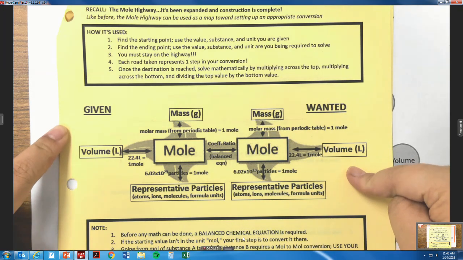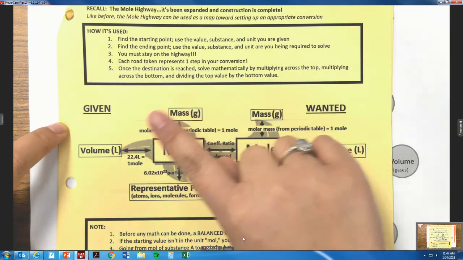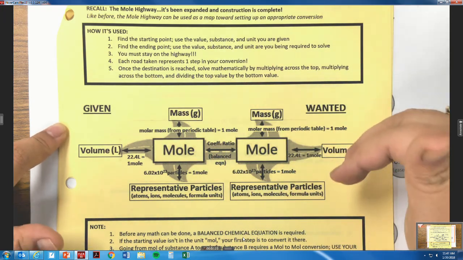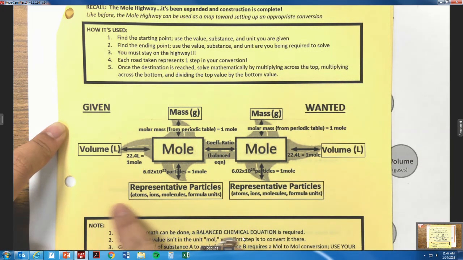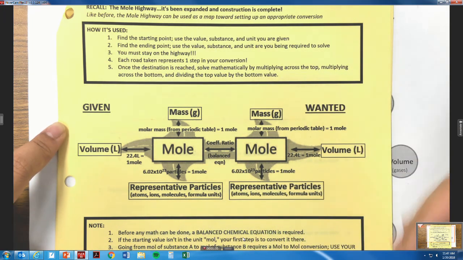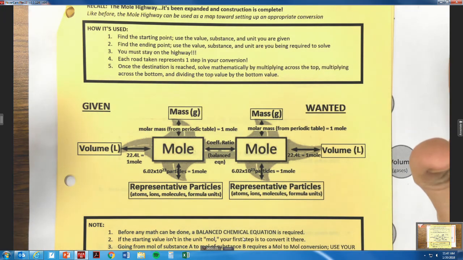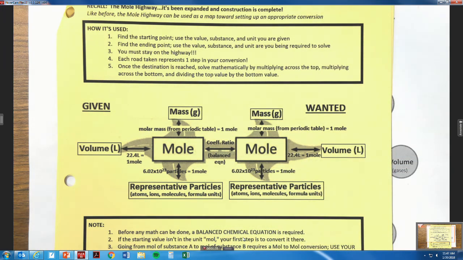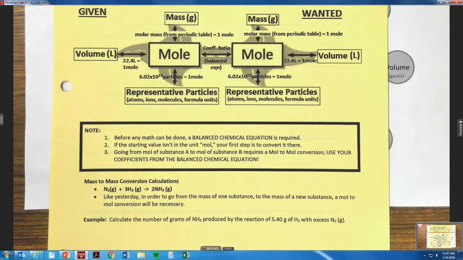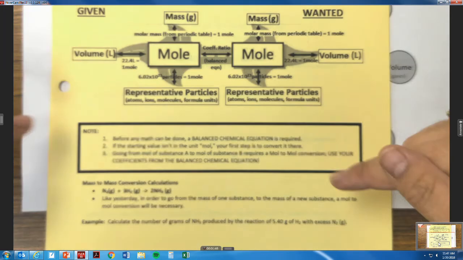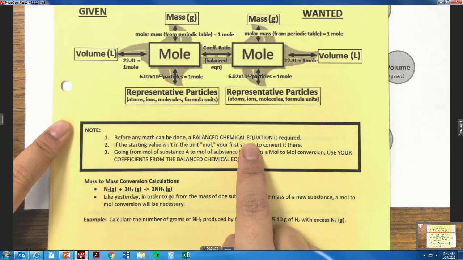Once you've reached your destination, you mathematically solve it by multiplying all your values on top, multiplying all the values on the bottom, and then dividing those two values. There is a note you should know before you start calculating: you have to make sure that you have a balanced chemical equation.